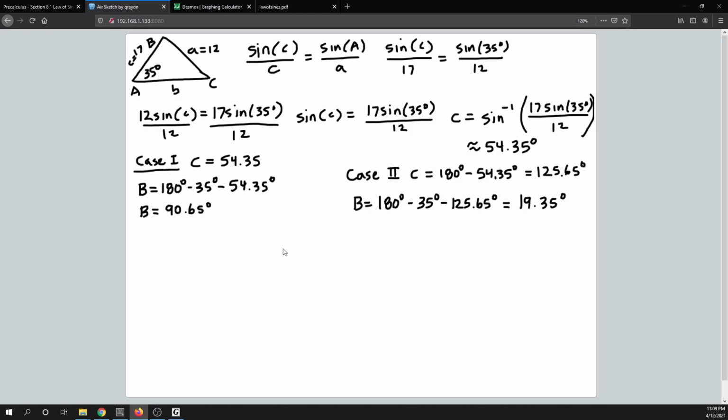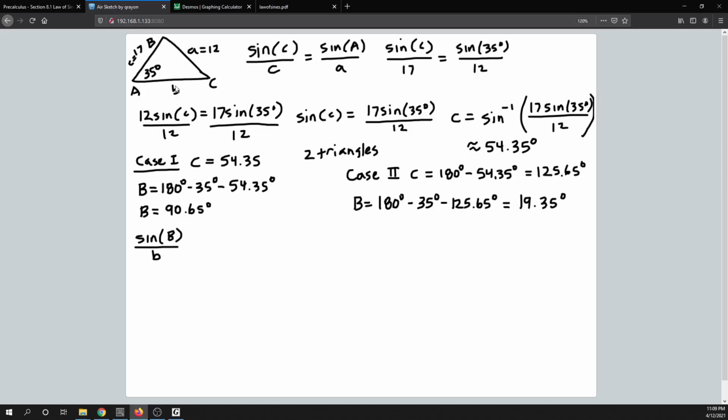In this case, we have perfectly legitimate angles for each of these, and so we know at this point there are 2 triangles. Okay, and so what we would do in each case is to solve for that last side that we don't know, which is side B. So we would have to do it twice, once for case 1, once for case 2.